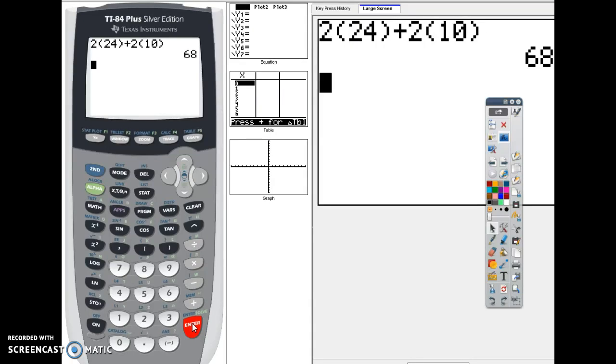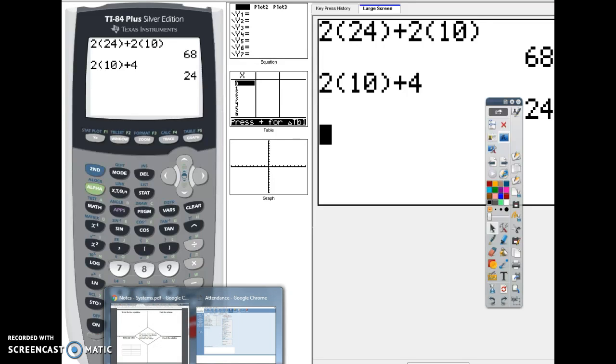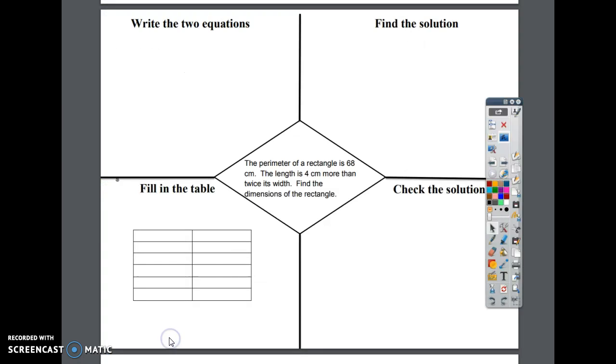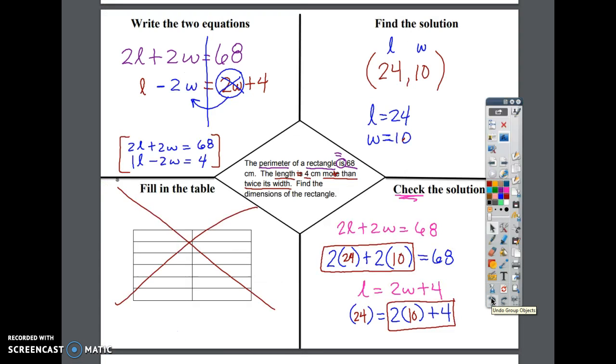And then the other one was 2 parentheses 10 close parentheses plus 4. And when you press enter, see if it gives you the other side, which is 24. And it does. So once you see that both of them work, then you know that you did it right and that your solutions are correct. So put a check for both that you checked the solution.